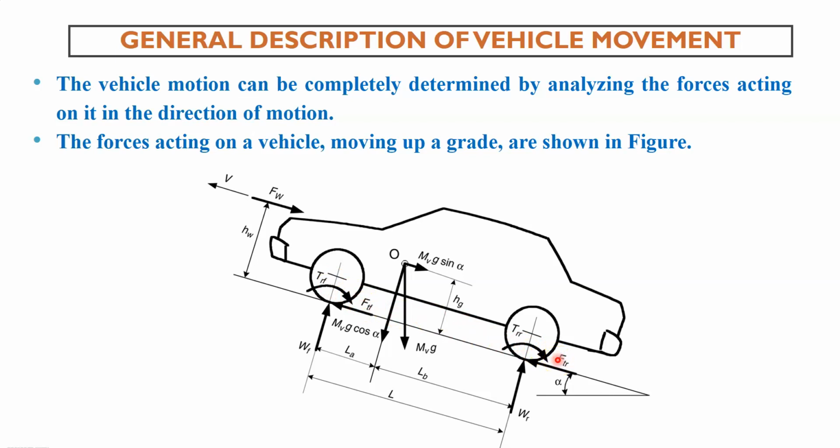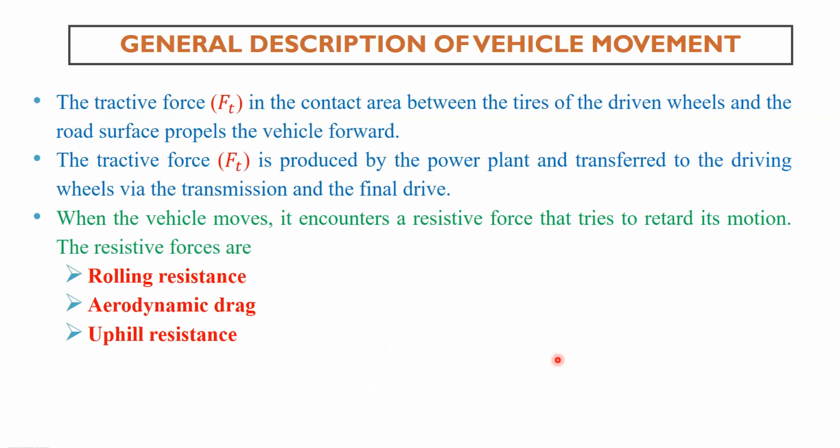The tractive force F of t in the contact area between the tires of the driven wheels and the road surface is responsible for the propulsion of the vehicle. The tractive force is produced by the power plant. Power plant means it can be either a diesel or gasoline engine, or it can be a motor, and the force is transferred to the driving wheel via the transmission and the final drive.